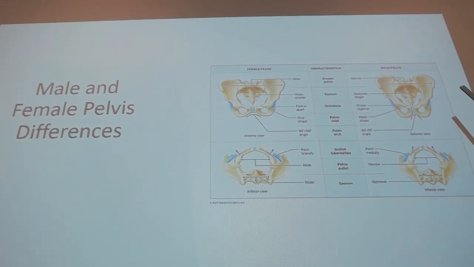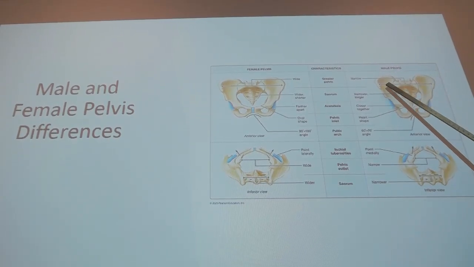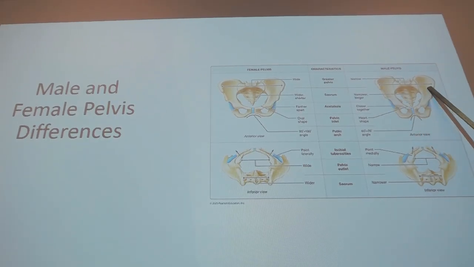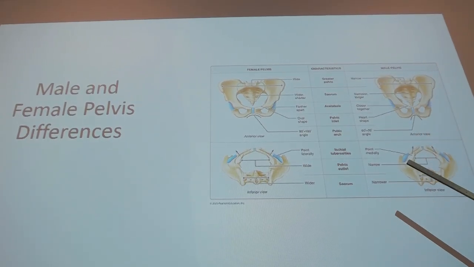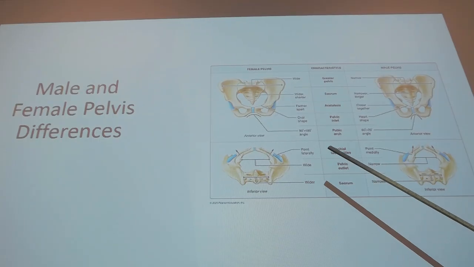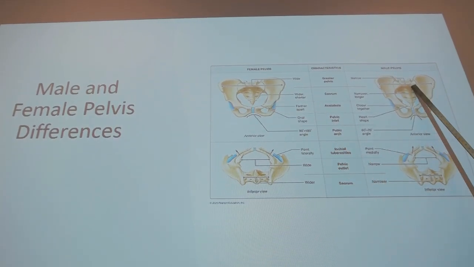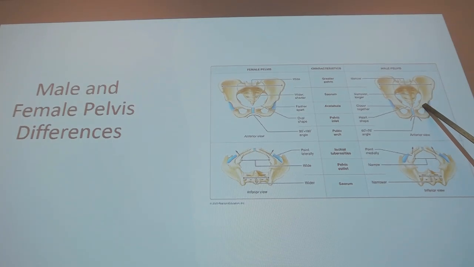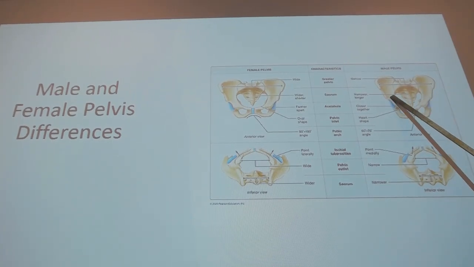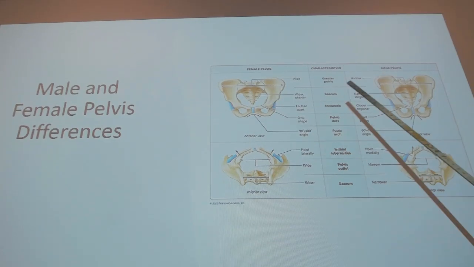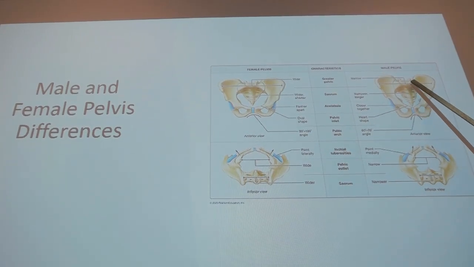You can even see differences in the iliac. The iliac is longer and narrower in males than in females. Now, this oval space here, which is the pelvic inlet, is oval shaped in females, and in males it is heart shaped.